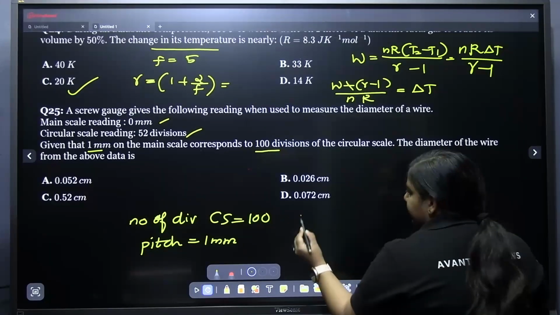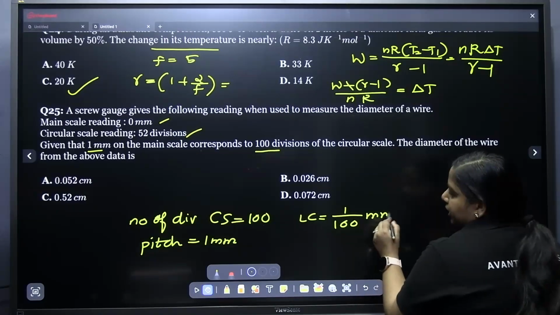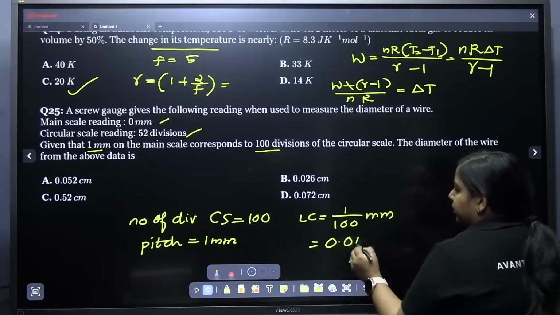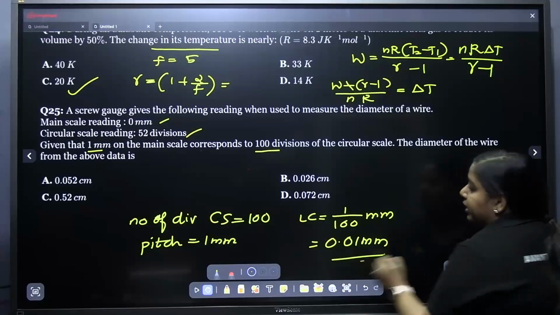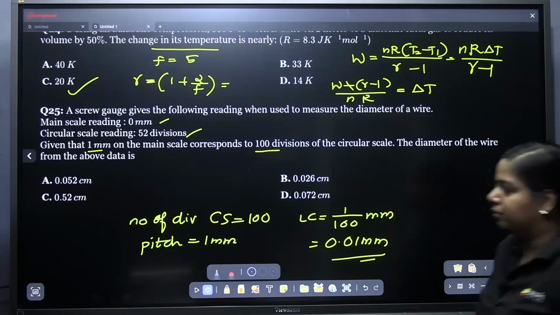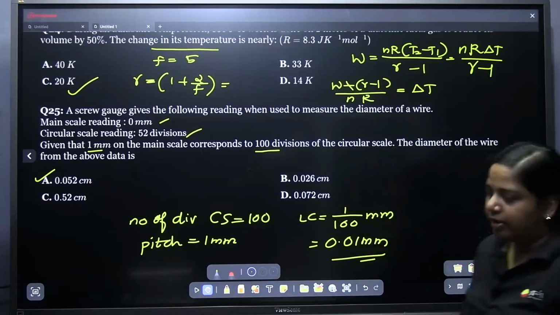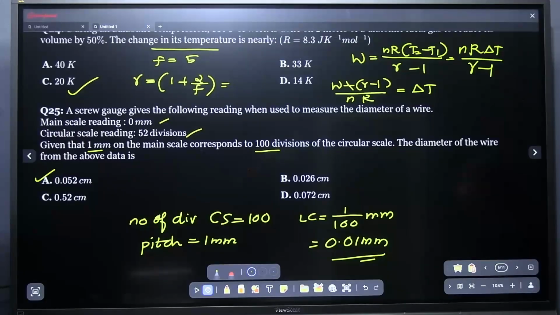In that case, least count is equal to 1 by 100 millimeter, that is equal to 0.01 millimeter. Least count we got, we can find total reading, then convert it to centimeter, you will get the answer is equal to 0.052. Clear?